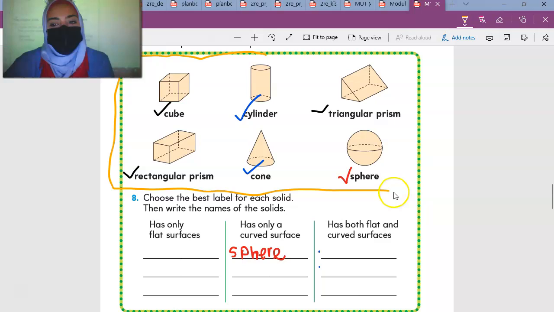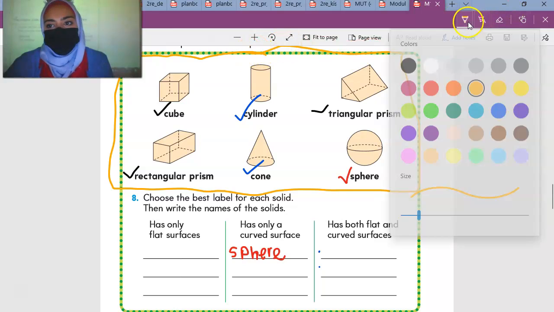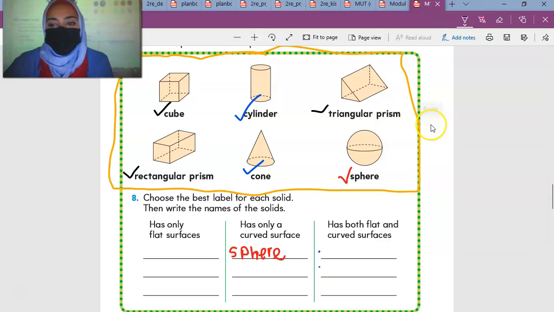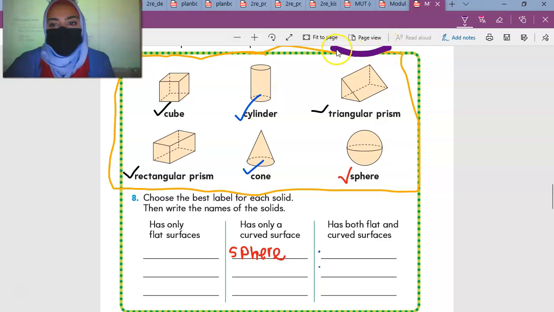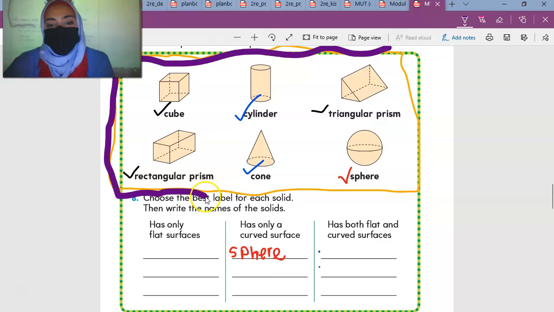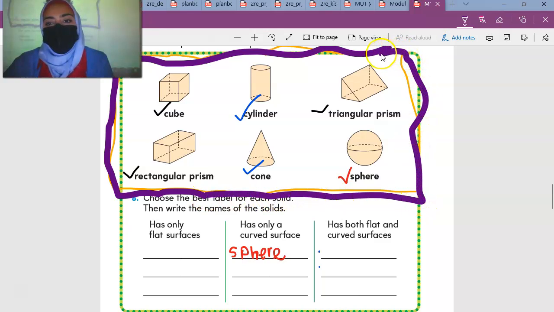Watch how I'm cutting so you know how to cut. Can you see that? Oh, you can't see the yellow, can you? Let me try purple. So you're going to cut it out like this after I grade your work and make sure it's right. You're going to glue this inside of your math notebook.